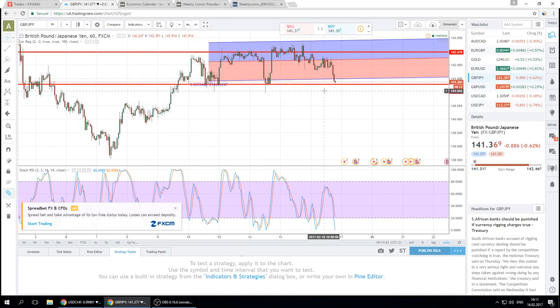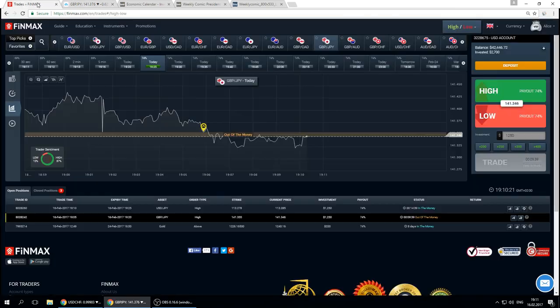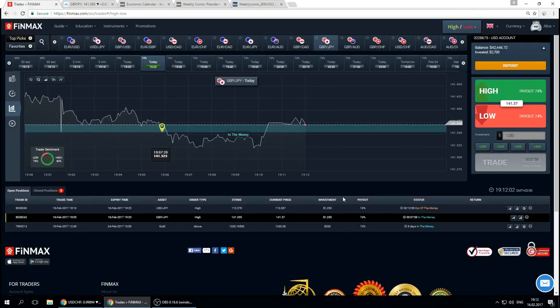The price rarely breaks through the line of resistance or the line of support. Usually they are testing.